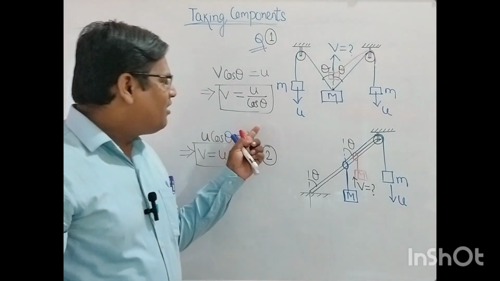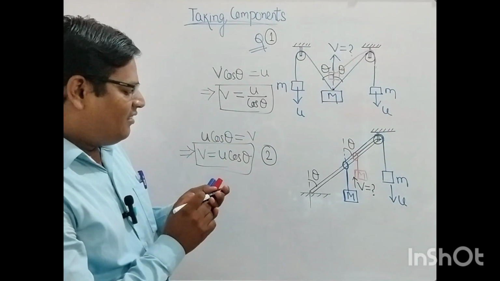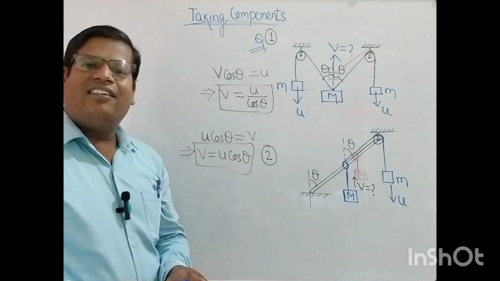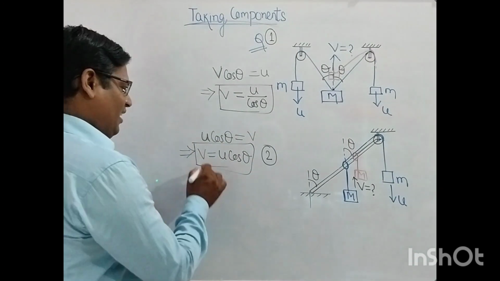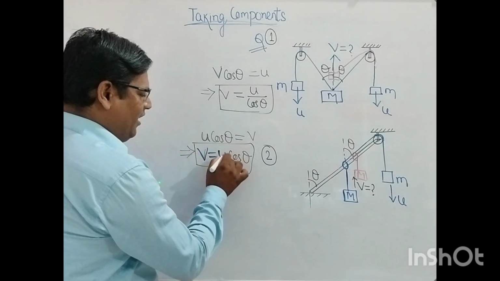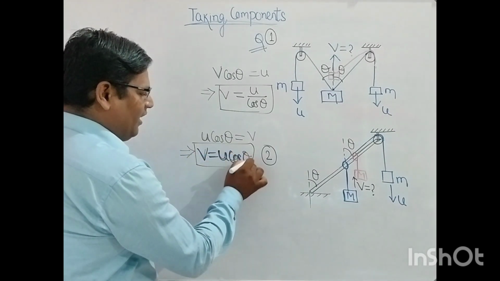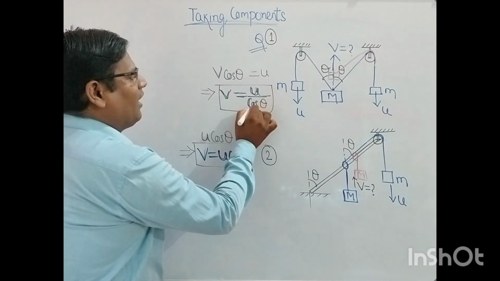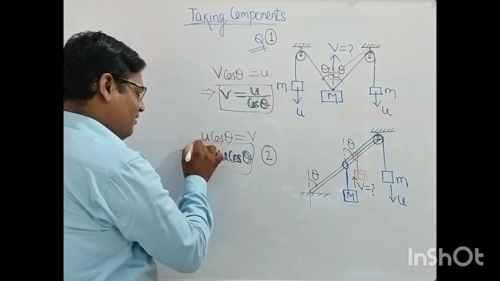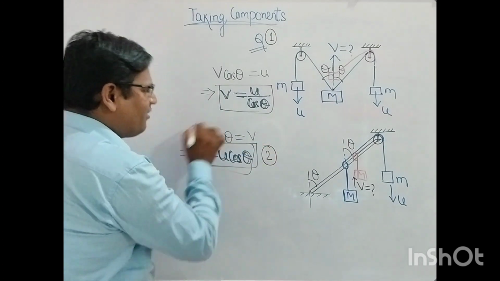So sometimes v can be u by cos theta, and sometimes v can be u into cos theta. Here v equal to u into cos theta. Here v equal to u by cos theta. Right? Hope you have understood it.